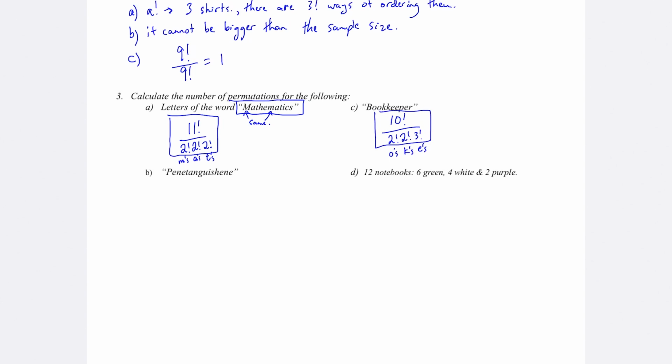Permutation. Okay, this one's a big one. So how many letters are there? There's 15 letters in permutation. There are 4 E's. There are 3 N's.